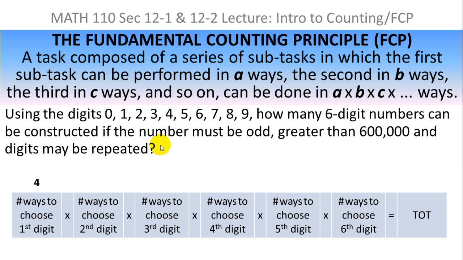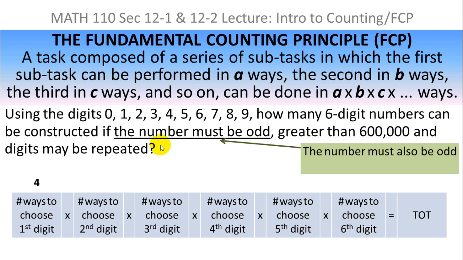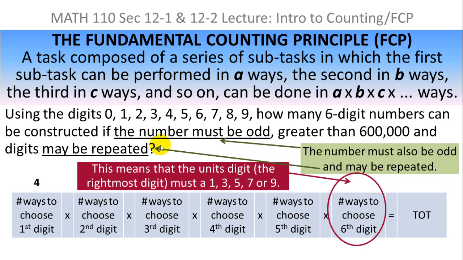The other big condition is that the number has to be odd. But it can be repeated. So no matter what I chose for the first digit, I can reuse it again, so that's not an issue. But for the number to be odd, it has to end, in other words, the units digit, the rightmost digit, has to either be a 1, 3, 5, 7, or 9.